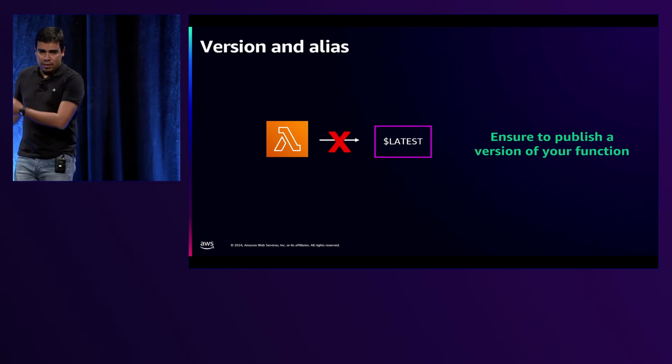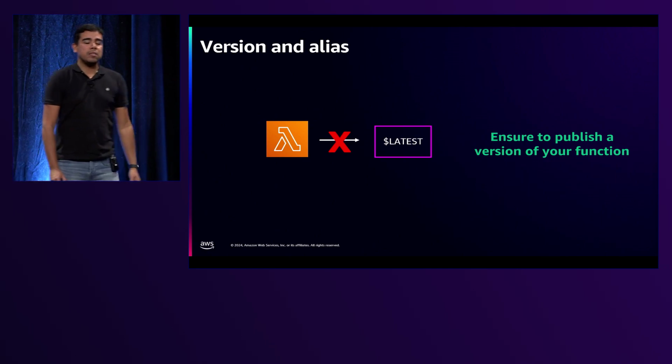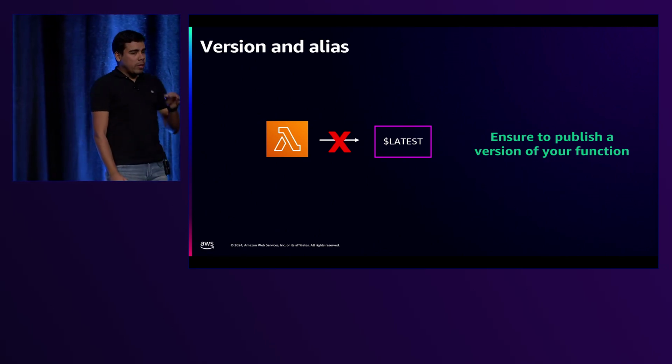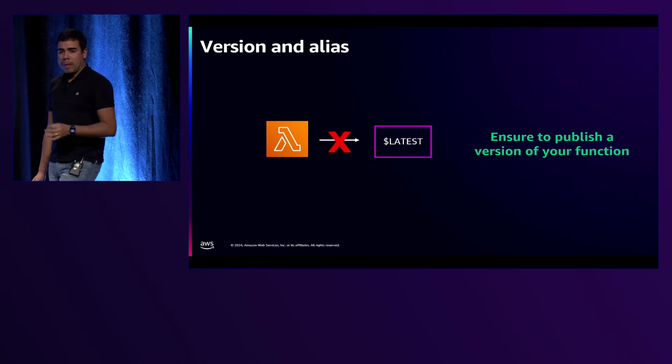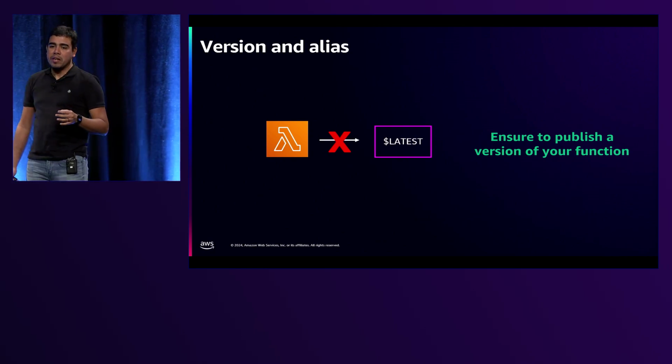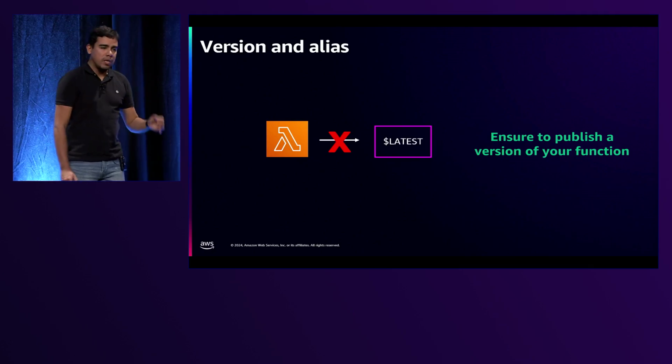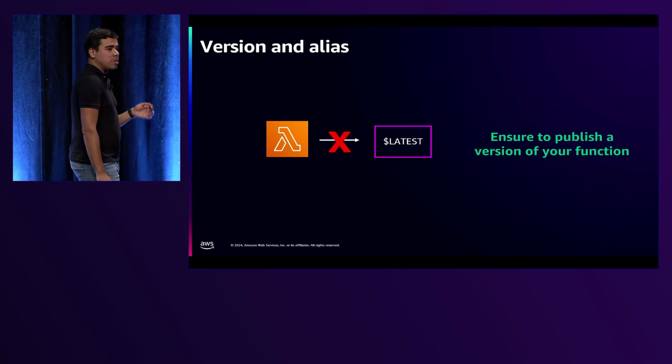Another thing that Sanrat already told about is version and alias. It doesn't work with the latest version. Imagine that you enable SnapStart and you don't publish a version. This won't work. This will be executed as on demand. And you can observe that.